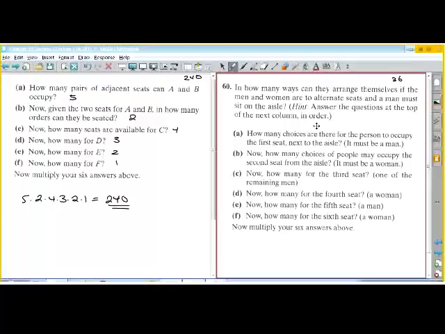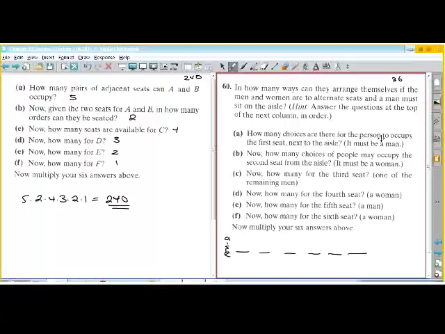Anybody? So nobody's been seated yet. So I have 3 men, right? So to fill that first seat, let's just draw the seats down here. So here are the 6 seats. This is the aisle. It says, how many choices are there for the person to occupy the first seat next to the aisle?